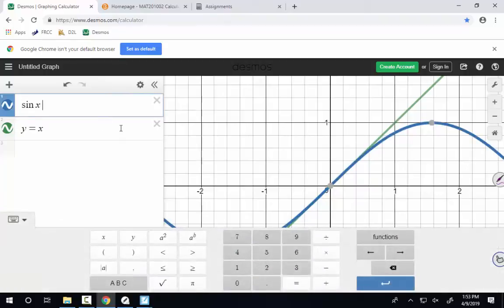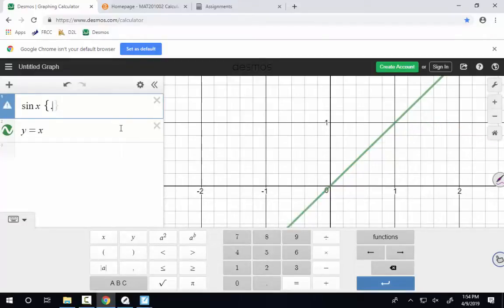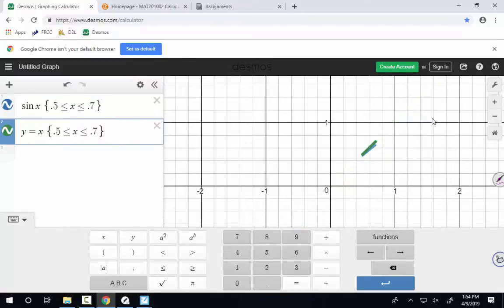Let's see if we can modify this. Maybe go to 0.5. I just want to look around that region that we're discussing here.